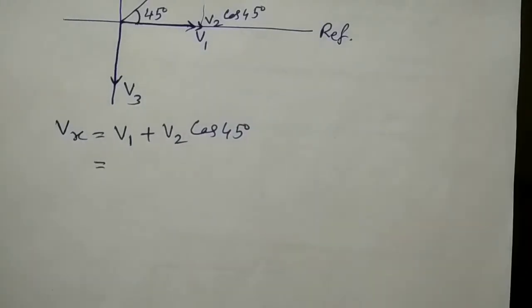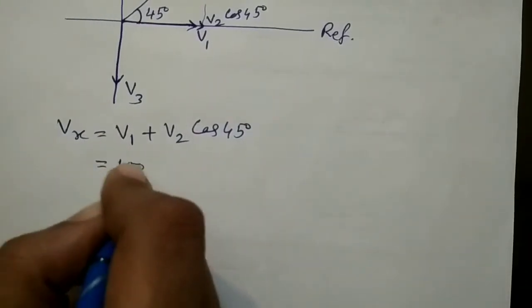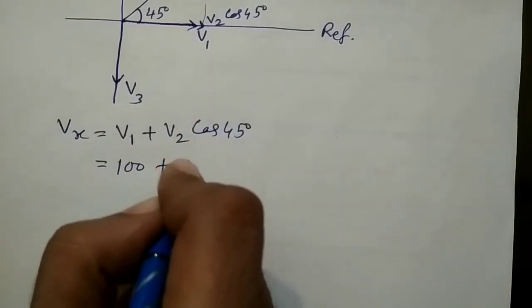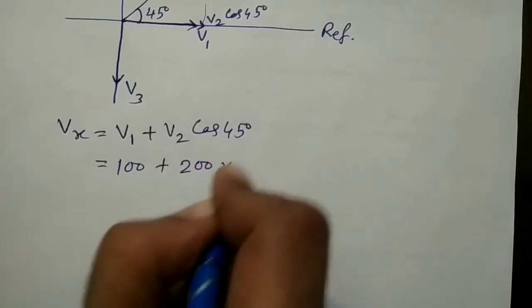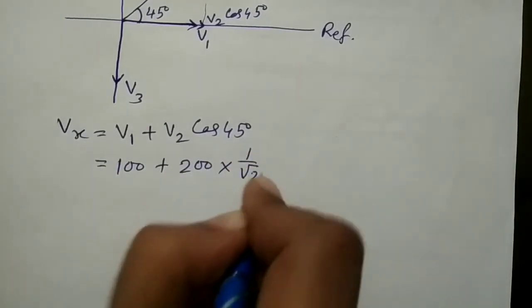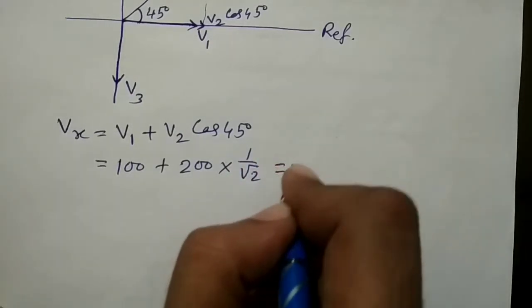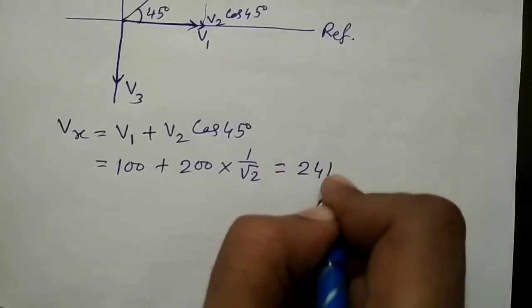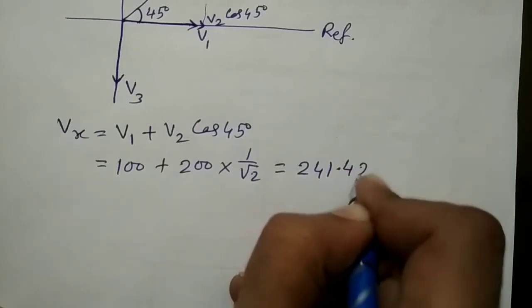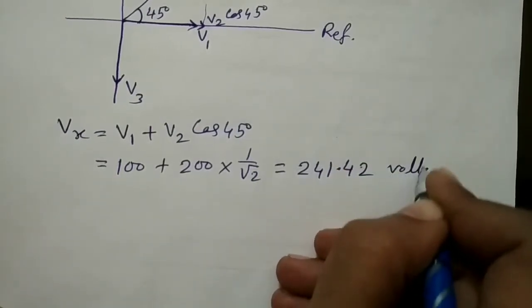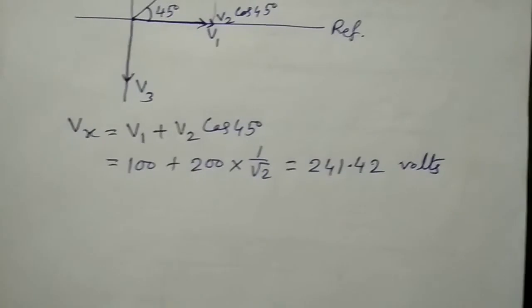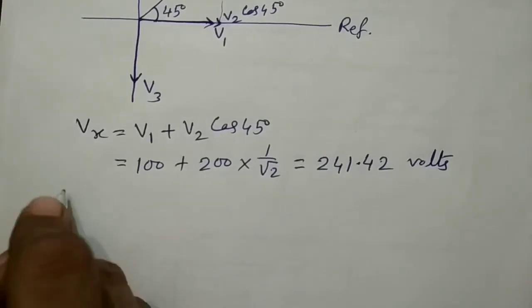So V1 is 100 plus V2 is 200 into cos 45 degree, that is 1 upon root 2. So after solving, we'll get 241.42 volts. This is the x component of the resultant.